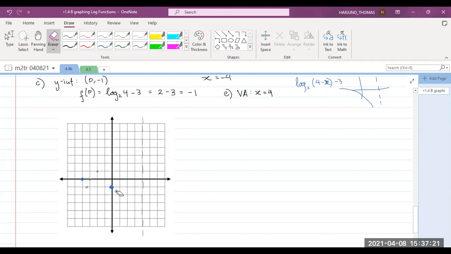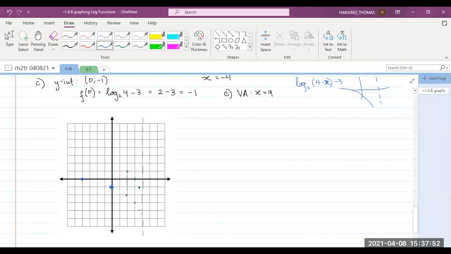And then reflect with respect to the y-axis. This point becomes here, this point becomes here, this point becomes here. And then from there, we move down 3 units. So this point becomes here, this point becomes here, this point becomes here.